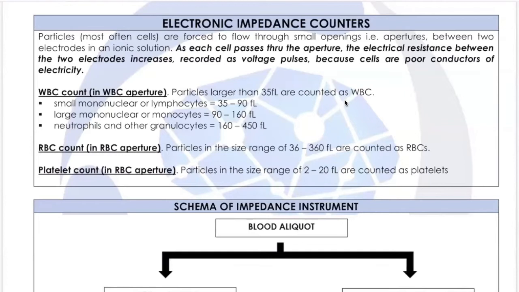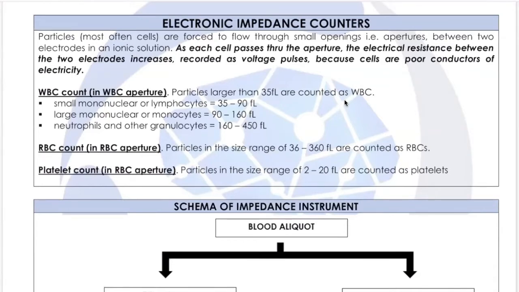So the basic principle of electrical impedance is that our cells do not conduct electricity. So whenever they are made to pass through a certain aperture, they will create electrical resistance. They will create voltage pulses.